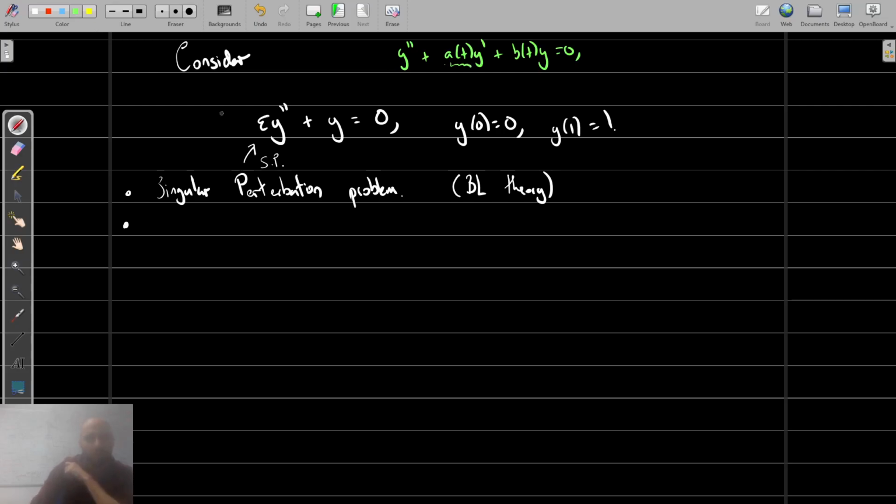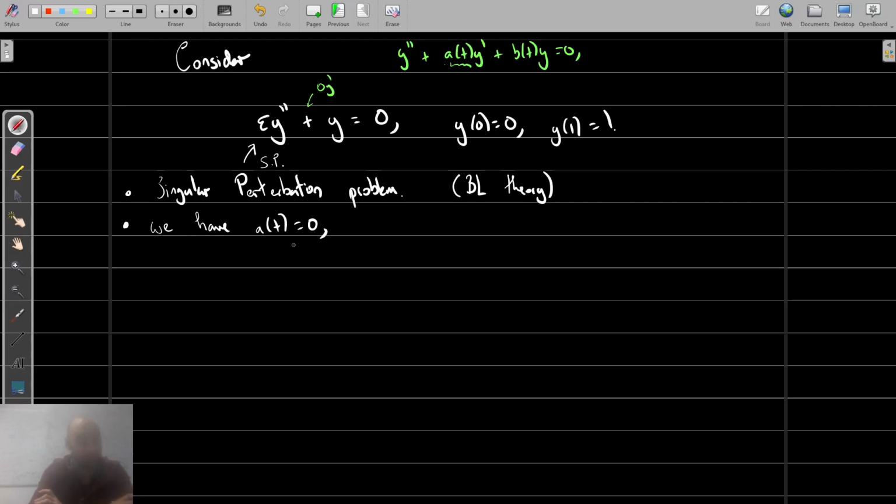So if we look at this problem, we don't have a y dash term, but that normally means that I've just got 0 y dash, right? So my a of t in this case is 0. So we have a of t equals 0, and then we try and remind ourselves what that means. Normally you say if a of t is positive, it's on the left hand side.